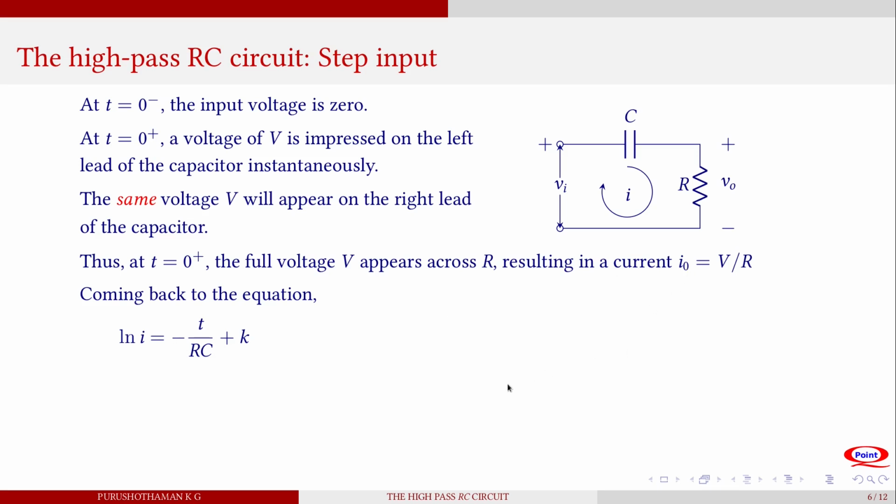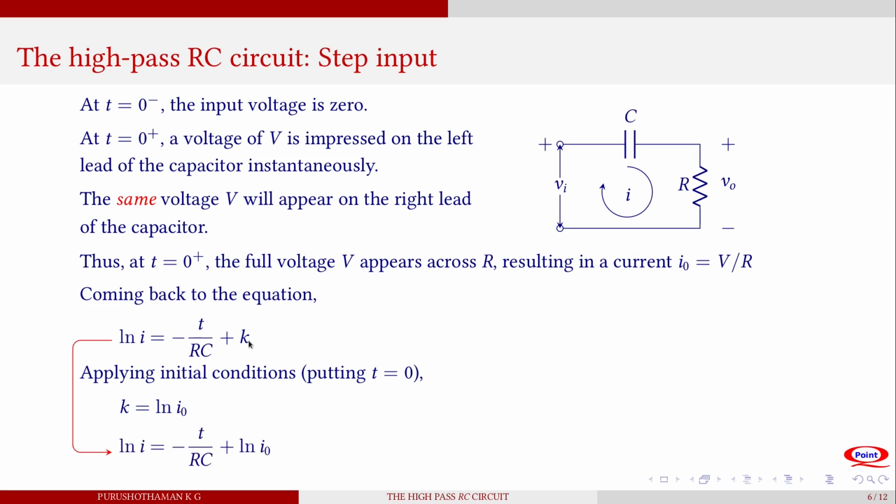So we have log I0 equal to 0 plus K, or we get K equal to log I0. So we obtain the value of the arbitrary constant, the constant of integration, which is equal to log I0. Substituting in this equation, we get log i is equal to minus t/RC plus log I0.